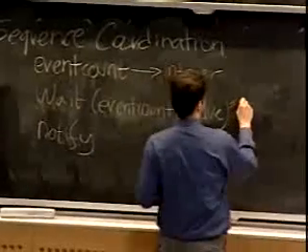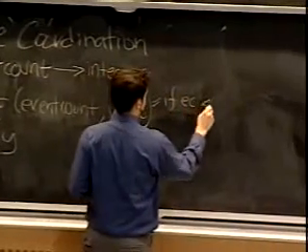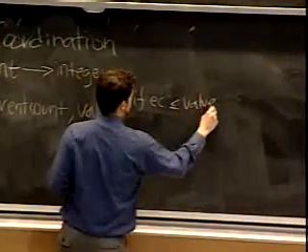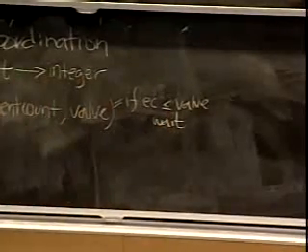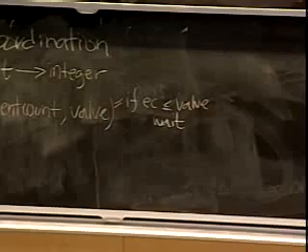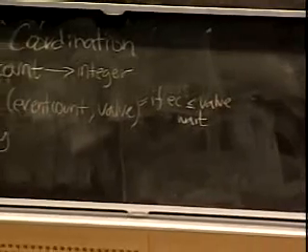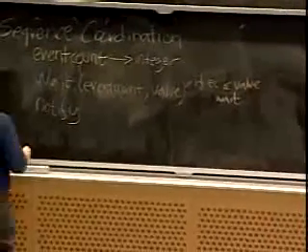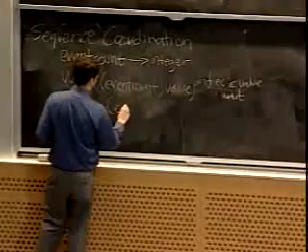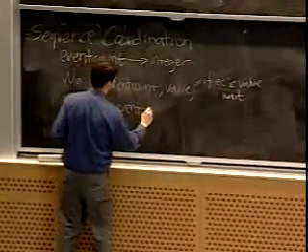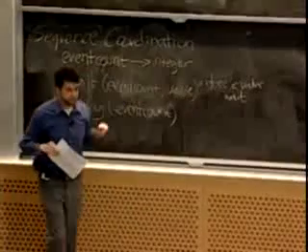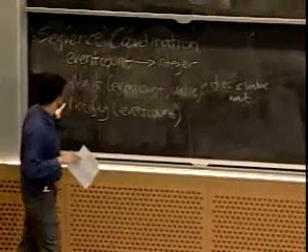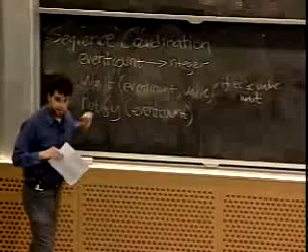So if the event count is less than or equal to value, then it waits. And what it means to wait is that it tells the thread scheduler that it no longer wants to be scheduled until somebody later calls this notify routine on this same event count variable. So wait says wait if this condition is true, and then notify says wake up everybody who's waiting on this variable.